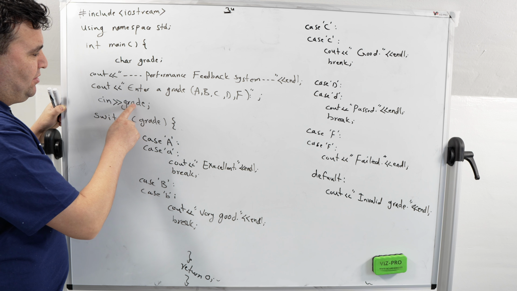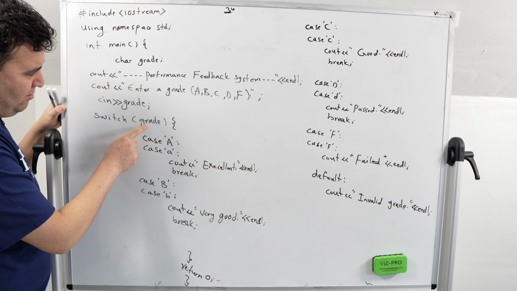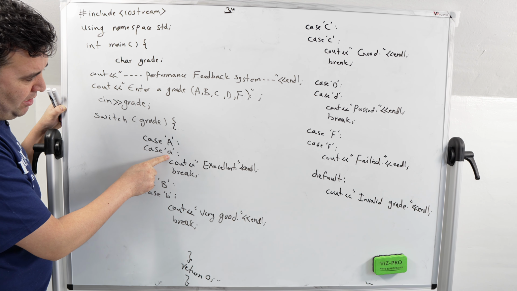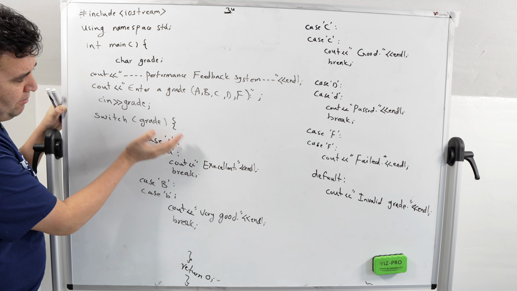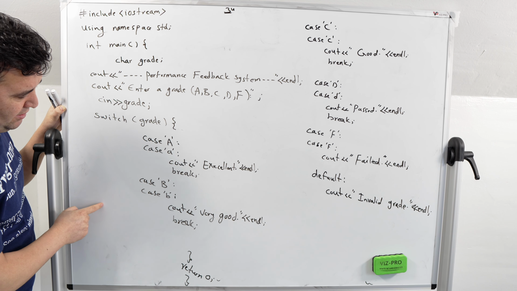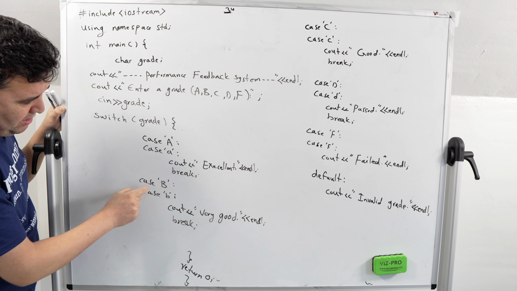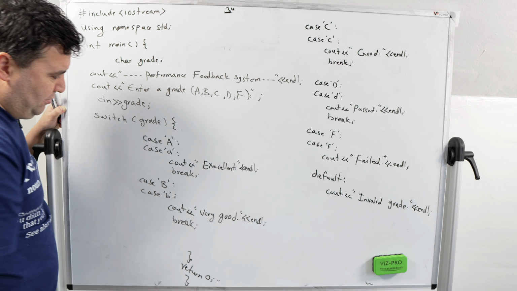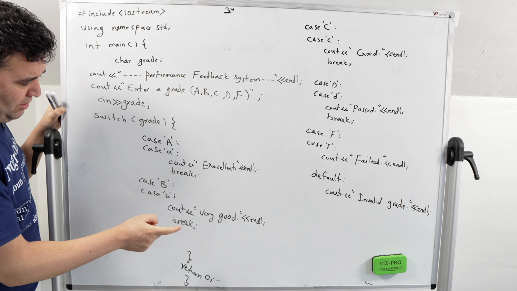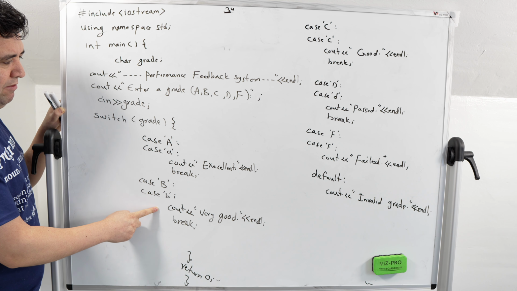If the user enters B, so now inside the grade is B. Is B equal to A or small a? No. So the first case will not be executed. It checks for the second case, and the second case says B is equal to B, so the second case will be executed. If it's not B and it's C, the earlier cases are not executed because the value is different.